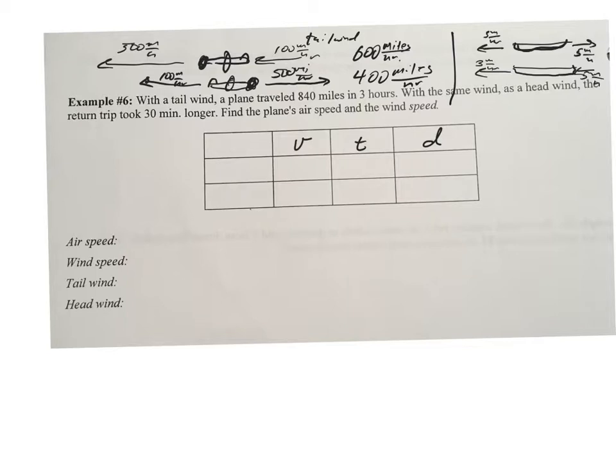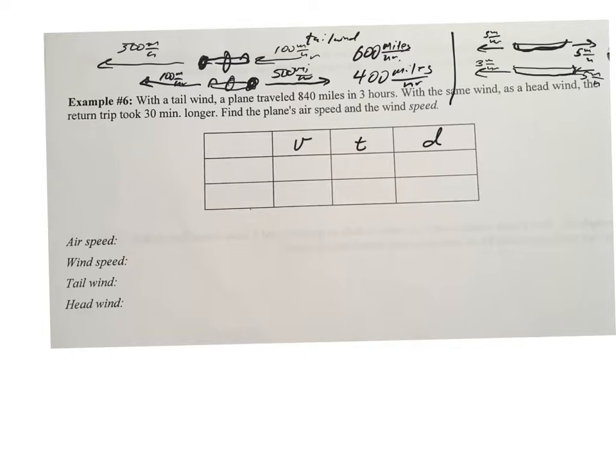But anyway, let me show you how we're going to express the velocity. First of all, let's call the airspeed A. The airspeed is how fast the plane's speedometer says.